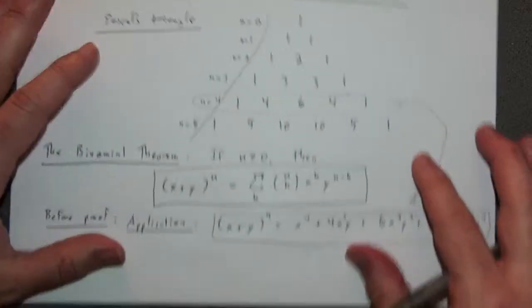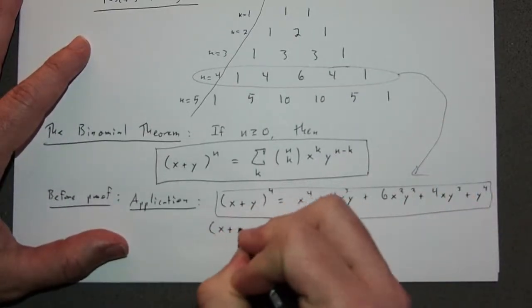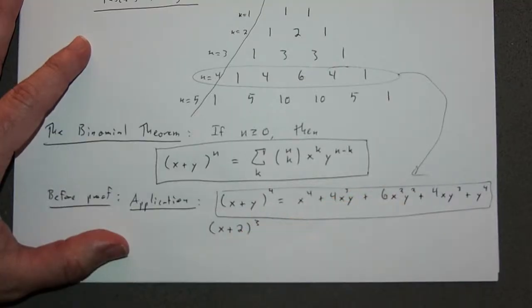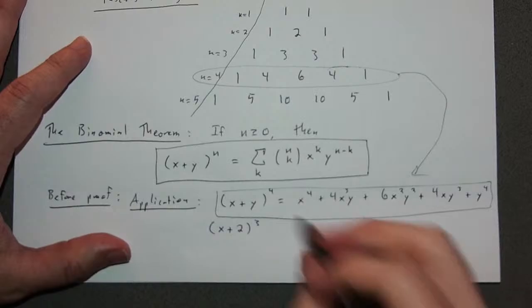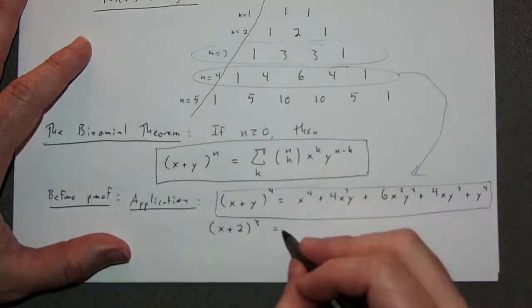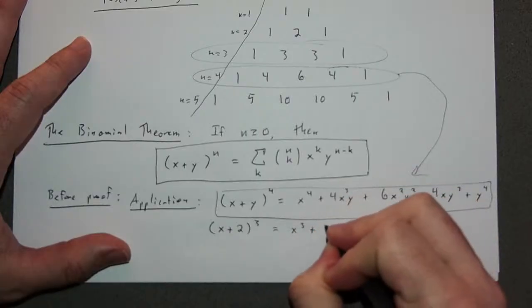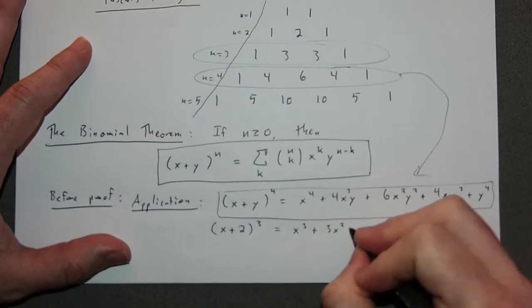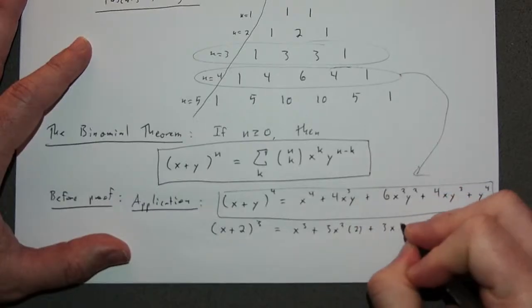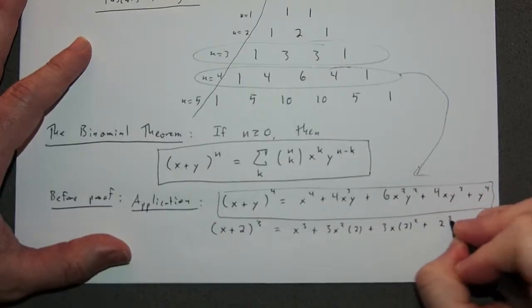Of course, you might say, well, maybe I'm not as interested in that. Maybe I'm more interested in, say, something like x plus 2 cubed. Well, again, here I'm using this, so this is x cubed plus 3x squared times 2 to the first plus 3x times 2 squared plus 2 cubed.